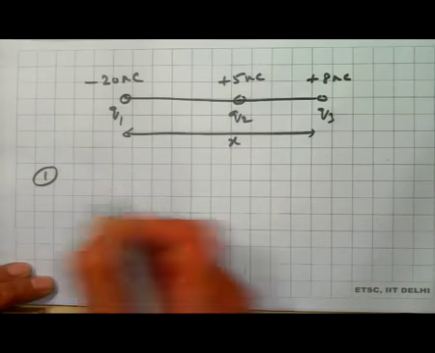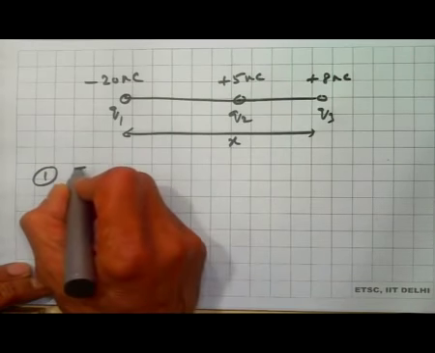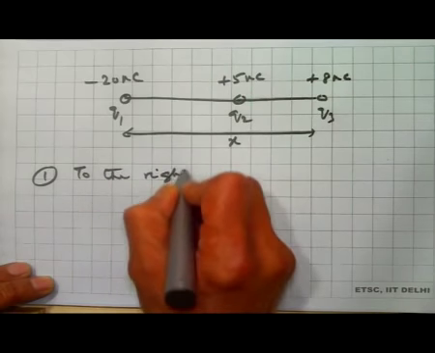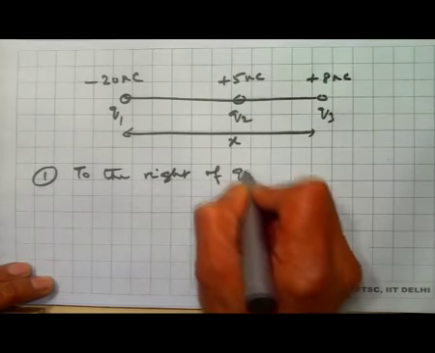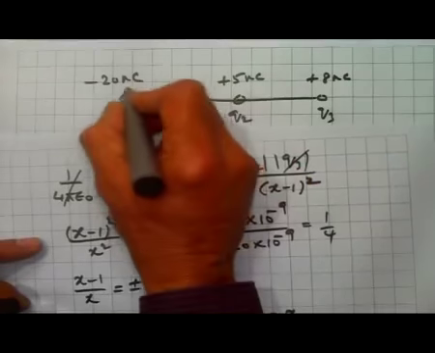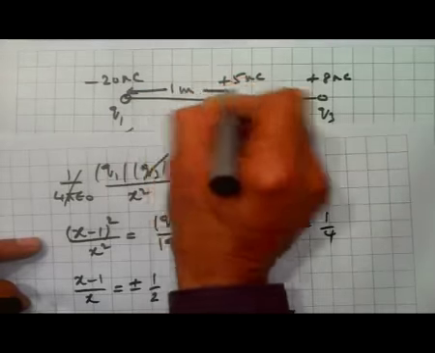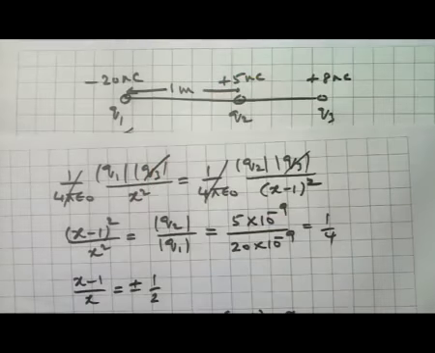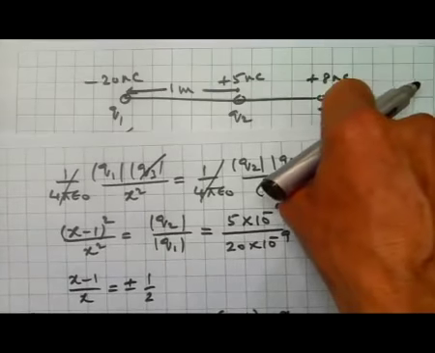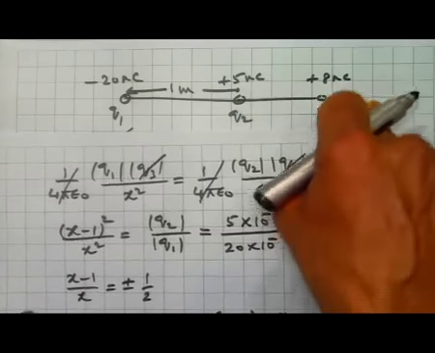The first solution is to the right of Q2, because x is 2 meters and this distance I know is 1 meter. So, this first solution is 2 meters, that means 1 meter from Q2. If I keep the charge, the net force will become 0.